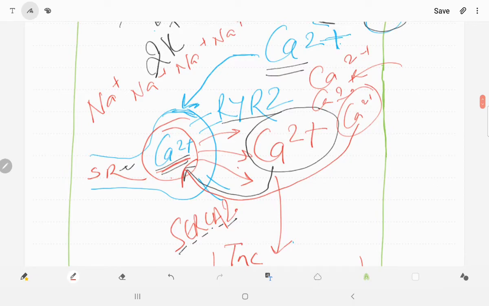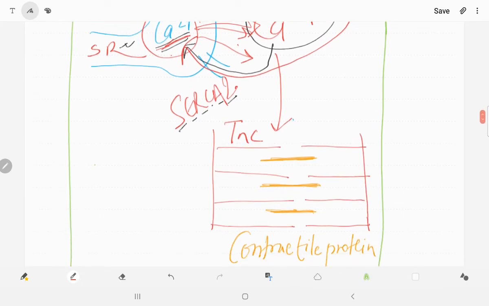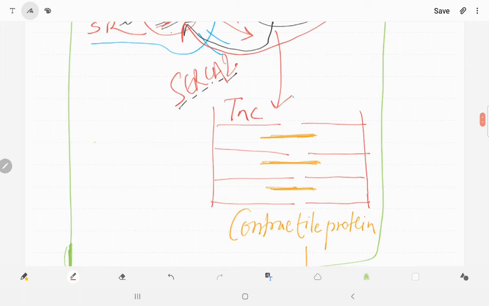And every time this calcium will come out and help to contract cardiac muscle by binding with troponin C, with increased force, because more concentration of calcium will definitely increase the contractility of the heart.